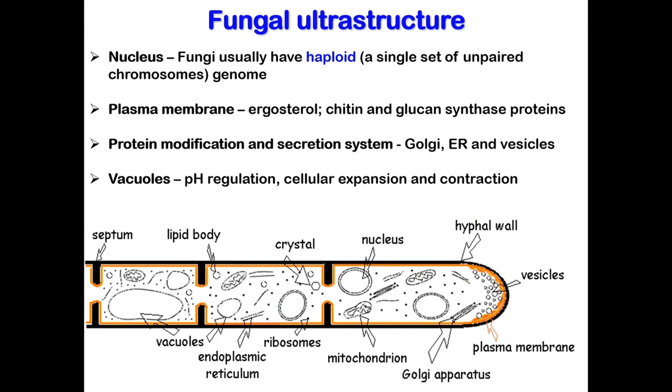So fungi are eukaryotes and have a complex cell structure. As eukaryotes, the fungal cells contain a nucleus enclosed in a nuclear envelope where the DNA is wrapped around histone proteins. And fungi usually have a haploid genome, so that's a single set of unpaired chromosomes. Fungal cells also contain mitochondria and a complex system of internal membranes including endoplasmic reticulum and Golgi apparatus.